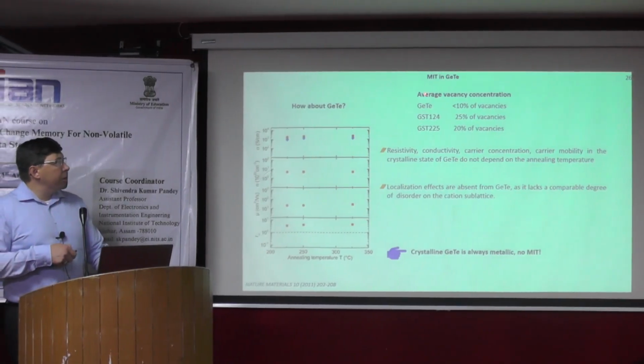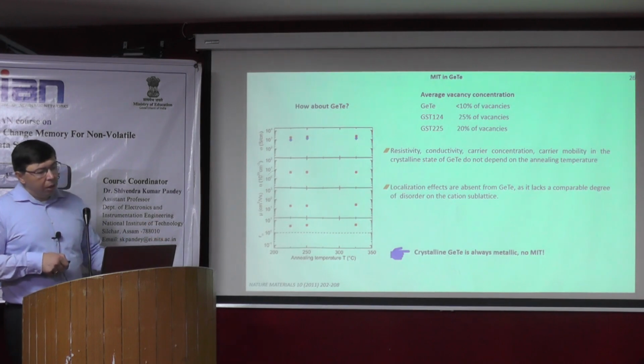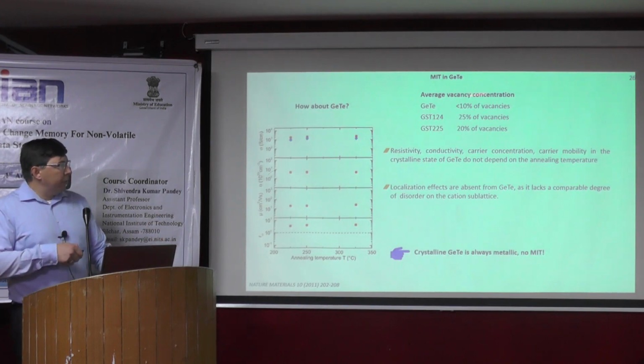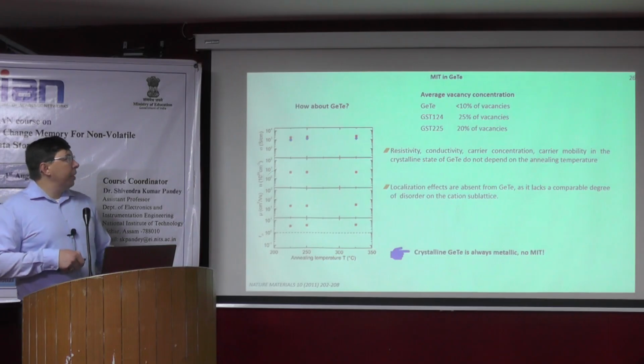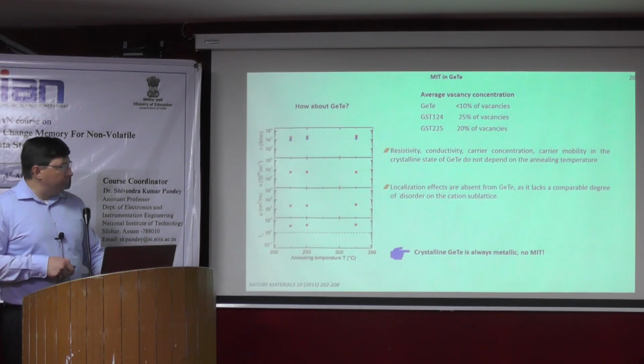If we consider different compositions, germanium telluride contains less than 10% of vacancies on the cation sublattice. This is a crystalline phase. GST 1-4 contains around 25% of vacancies, and GST 2-5 contains around 20% of vacancies.